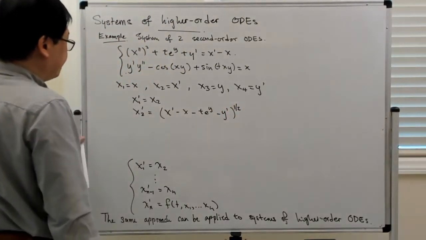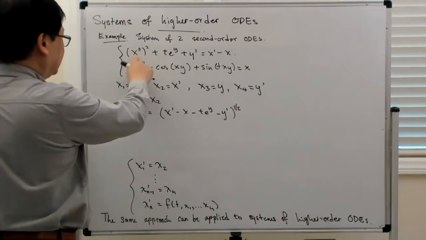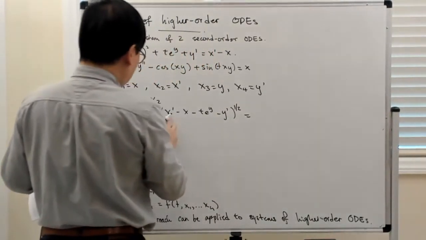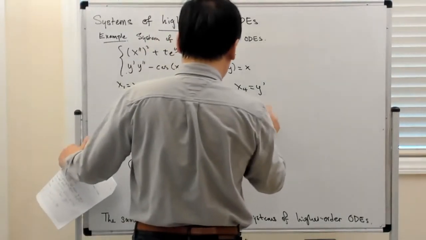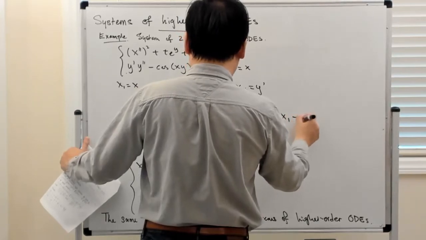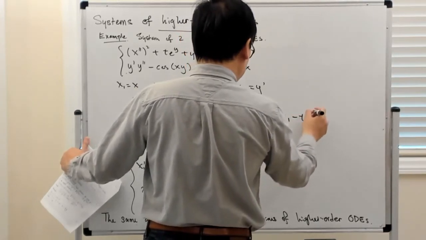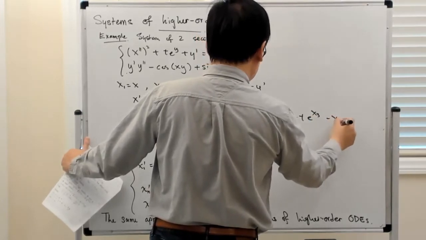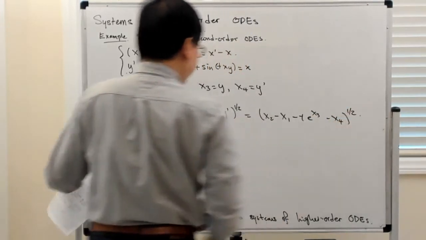I'm just solving here for x'' in this equation. Then I can transcribe it: x' is x2, so this is x2 minus x, which is x1, minus t e^y, y is x3, minus y', which is x4, again to the 1/2 power.